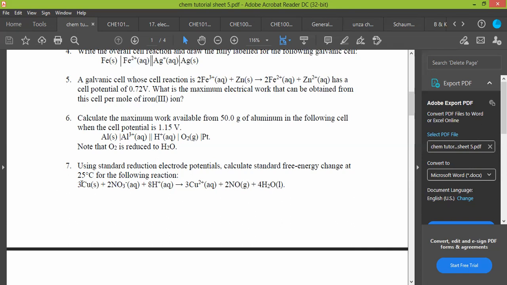Just pick the element, copper alone, and reduce it to copper 2, because this is what you're going to find when you look at the table. Even there, nitrogen alone going down to nitrogen gas.